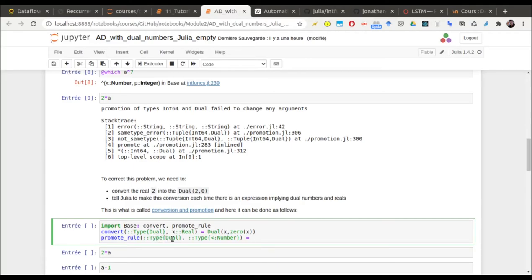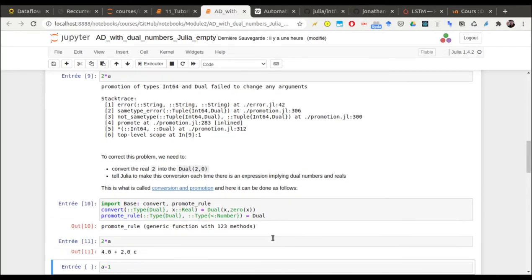If I have an expression involving dual numbers and reals, well, I want to forget about the reals in a sense, or convert them into duals. So I want to transform everything into dual numbers. So I need to promote the type of the real to a dual number. So this is what I'm explaining to Julia here. If you have dual and real numbers, then transform everything into dual.